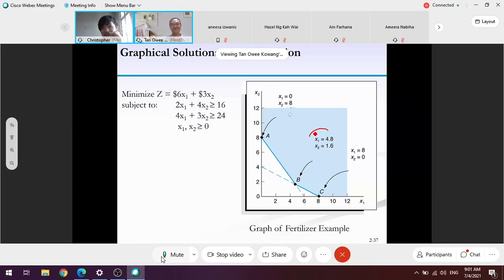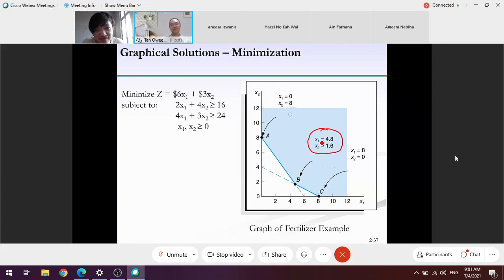This point, 4.8, 1.6. In graph paper, you can't get the exact number, right? Don't worry. That purely refers to the graph if you plot manually.